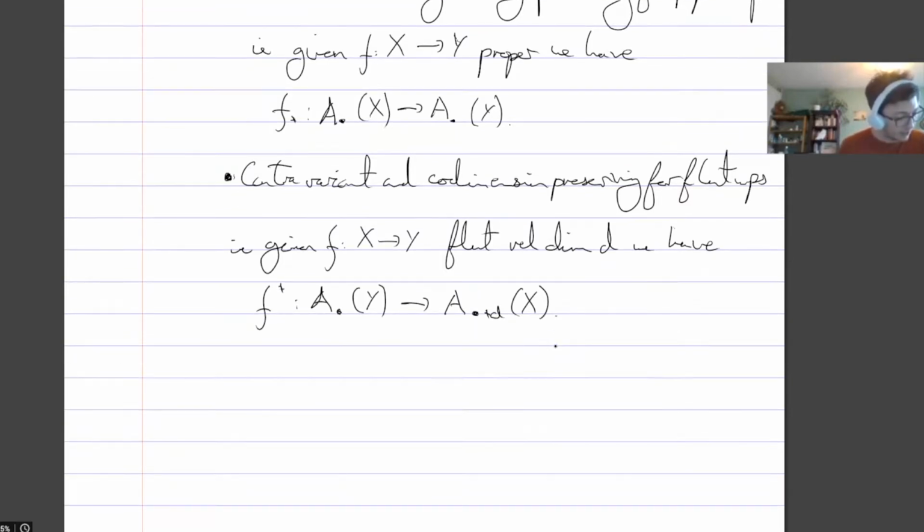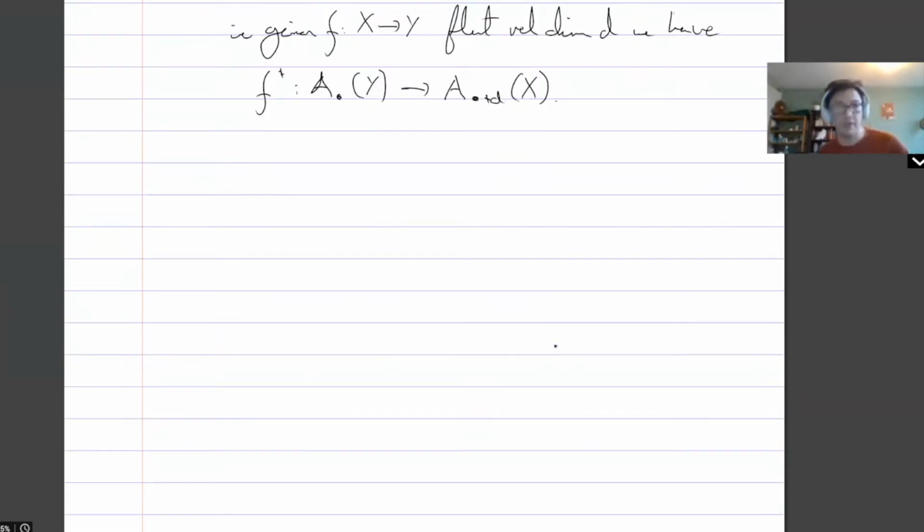Okay, so Fulton and MacPherson, in a sort of very clever series of papers, define something which is the bivariant theory for this.